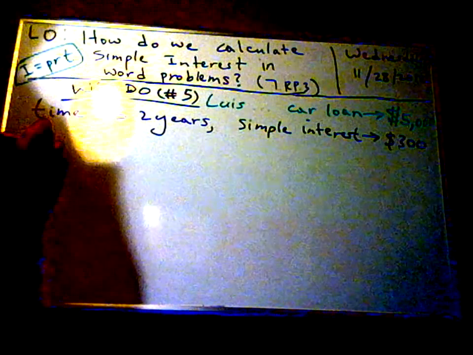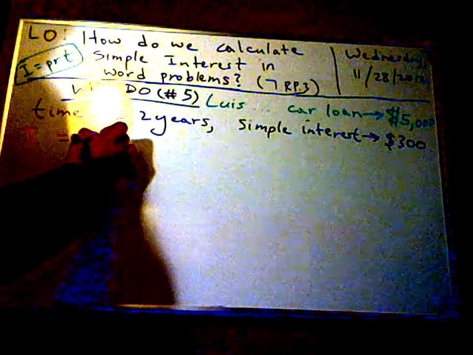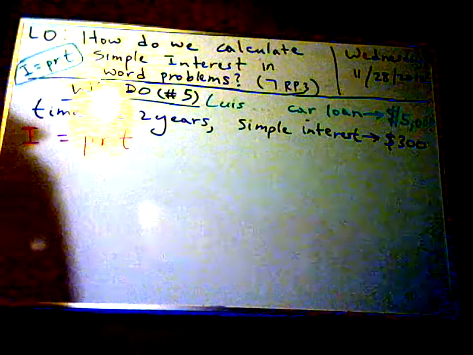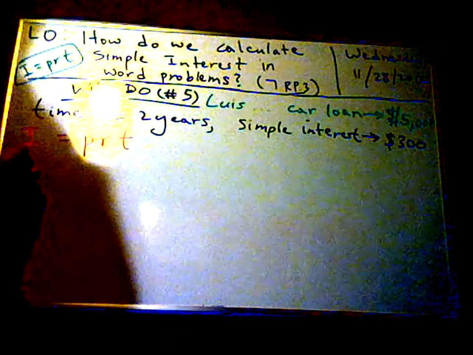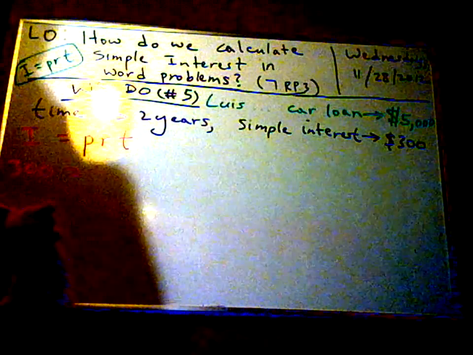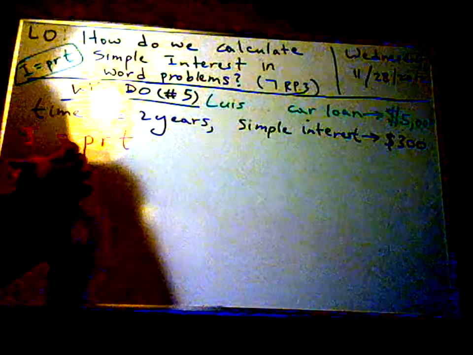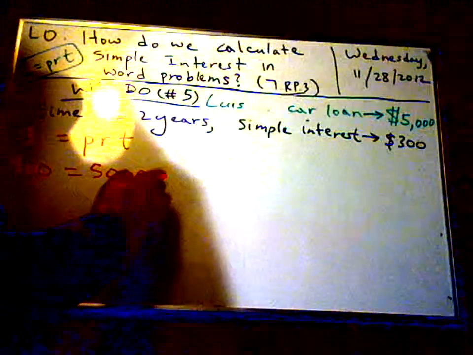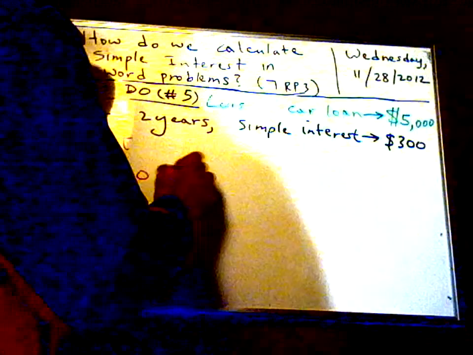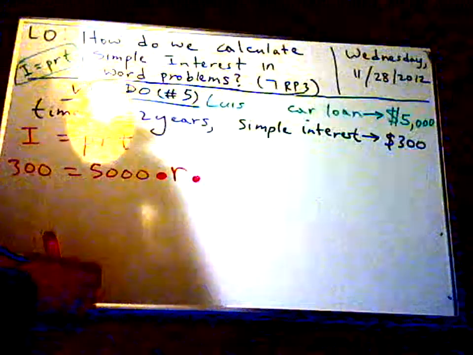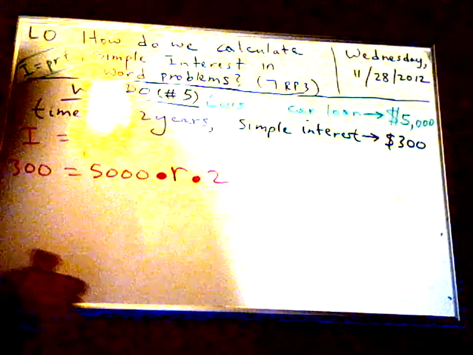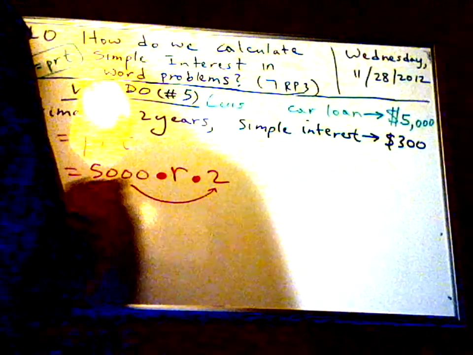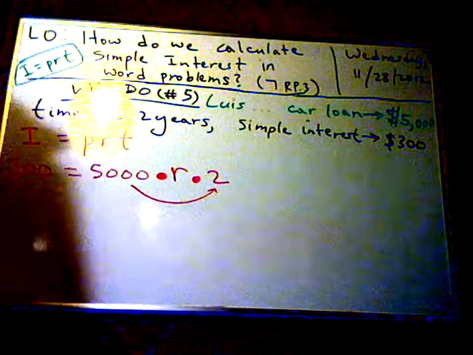Well, we can use a formula. I is equal to P times R times T. And we have all the information we need here. The simple interest is given, 300. Let's substitute. The principal is given, 5,000. The rate is not given. That's what we're trying to find. And the time we're told is 2 years. So we can multiply the 5,000 by the 2.